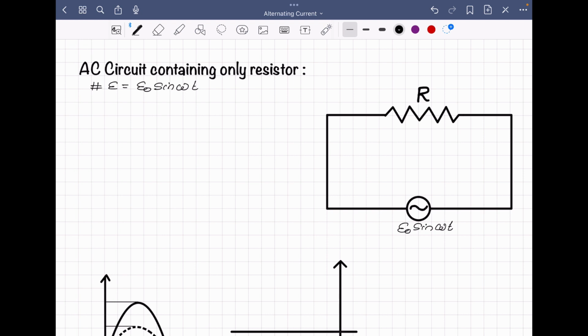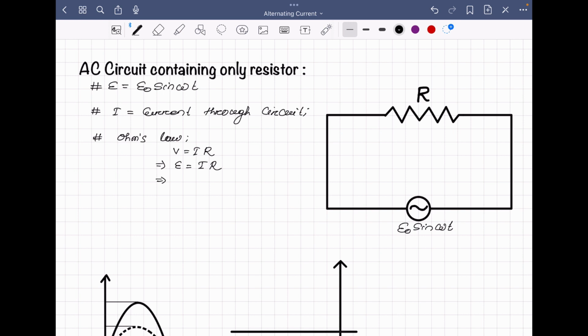Then if I is the current through the circuit, then from Ohm's law we can write V equal to IR, or here in place of V we can write E equal to IR.